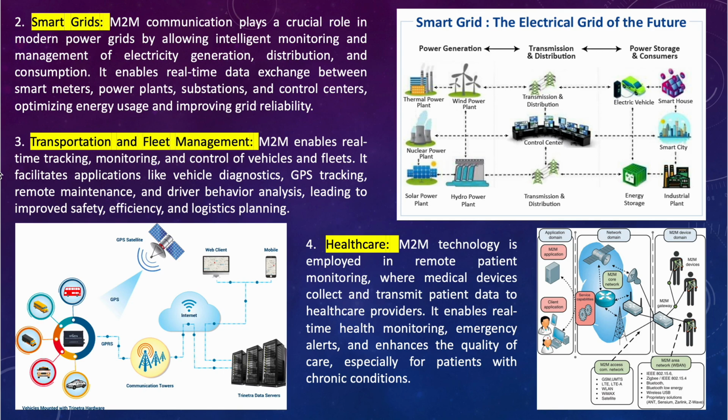If you have smart meters which are connected to the internet, and the grid operators have the ability to understand how much electricity is consumed by a smart city or a location or something like that, it becomes part of the Internet of Things, isn't it?